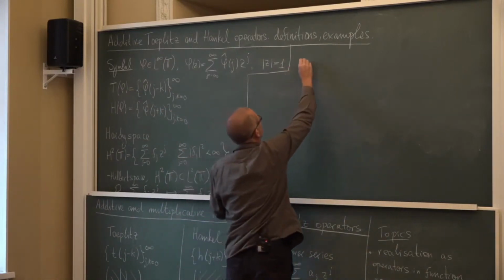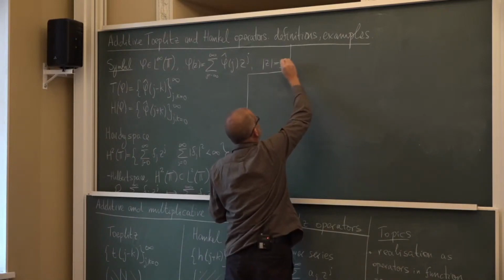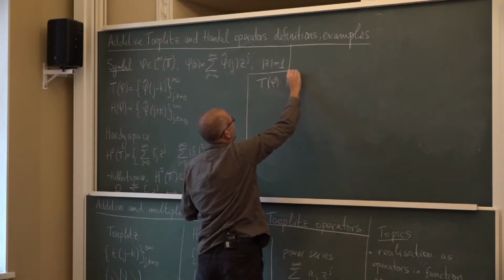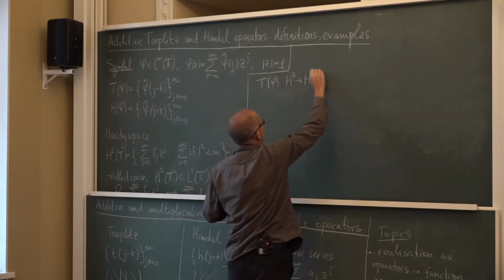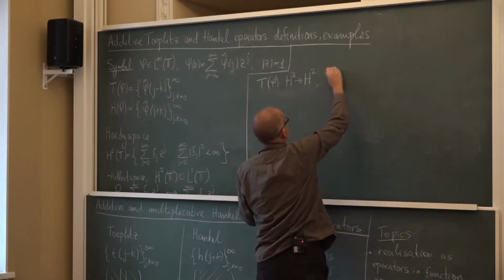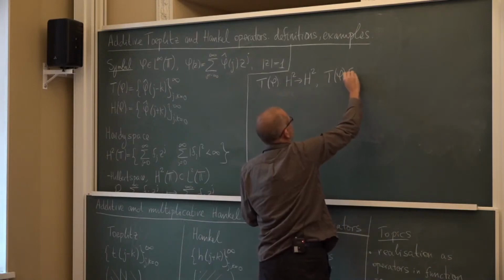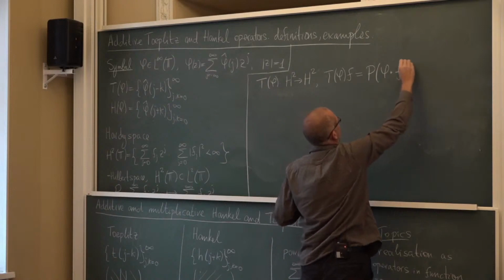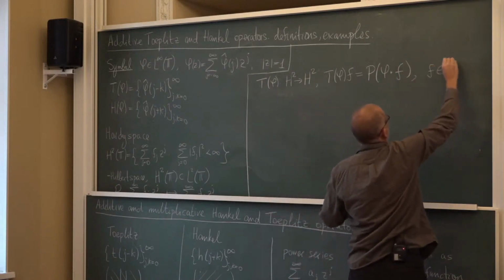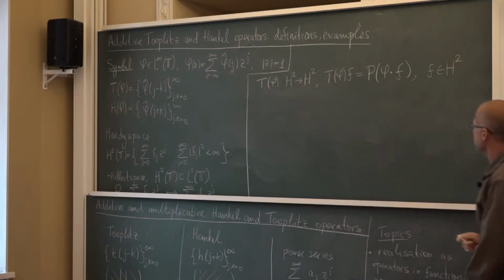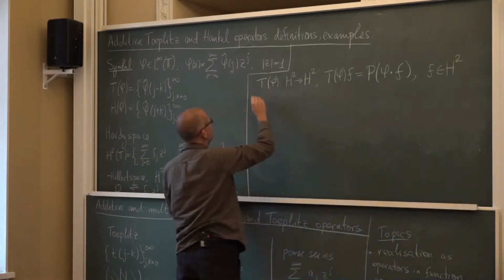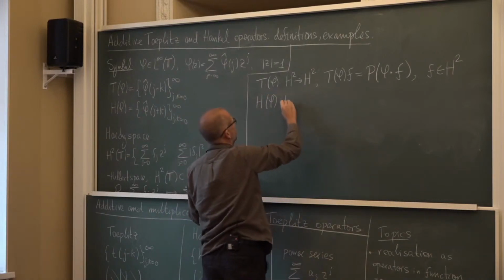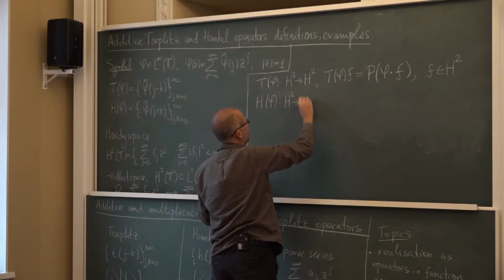So let me define operators T of phi from H2 to H2, from the Hardy space to itself, which is defined in this way. Let me write down now the Hankel, and then I will explain the notation.